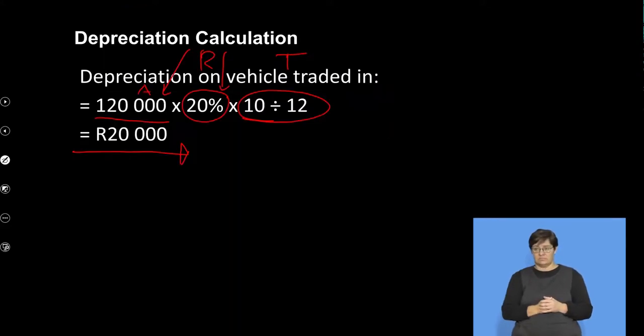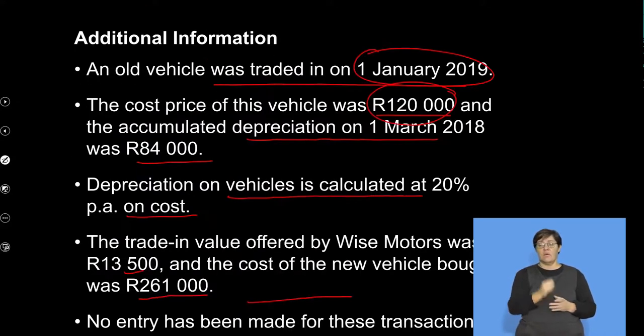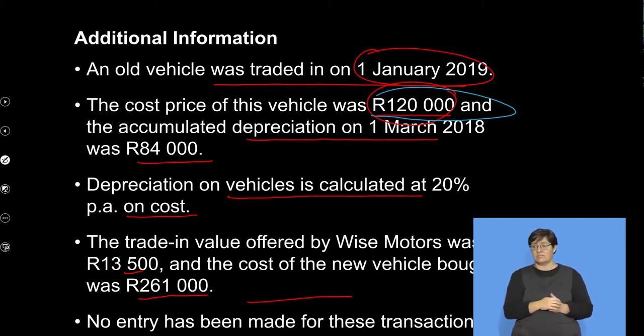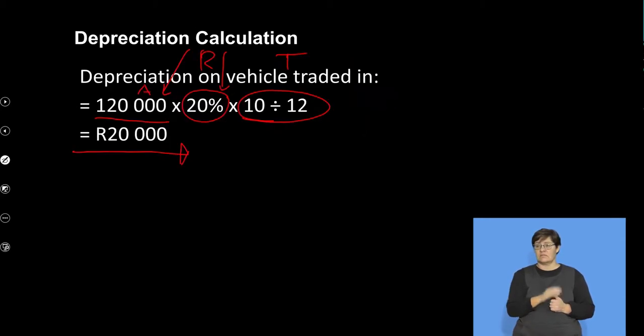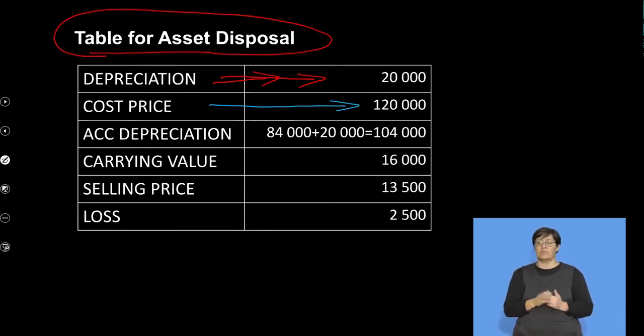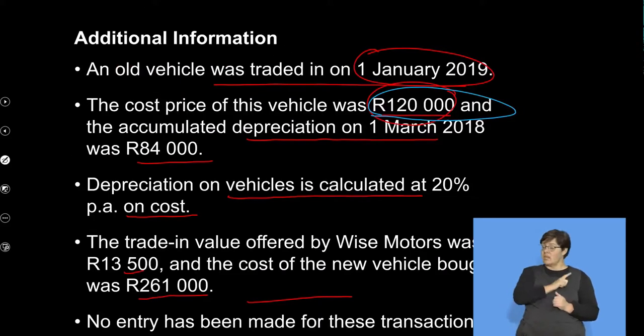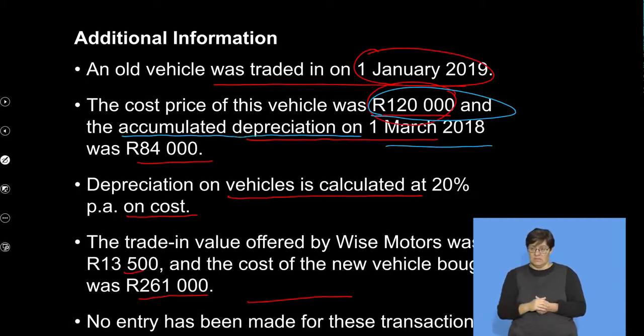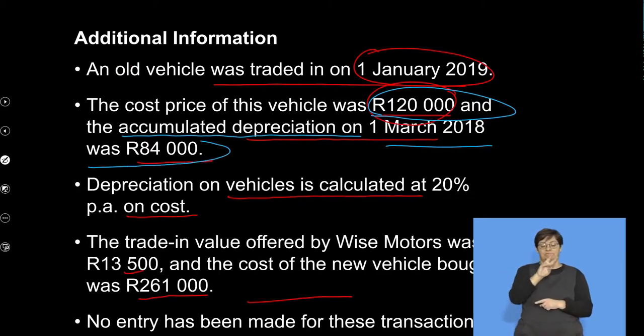What else do we know? We know that the cost price of this vehicle was 120,000 Rand. Let's bring in the cost price. What else do we know? We are told that the accumulated depreciation on the 1st of March was 84,000 Rand.